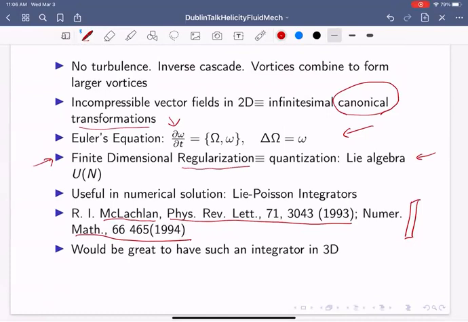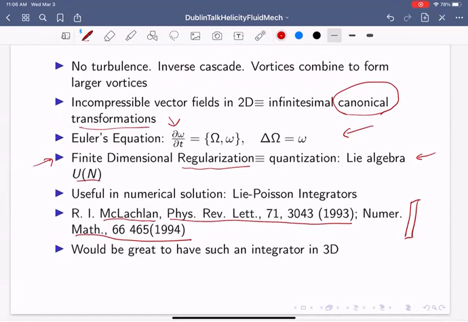That is, is there a family of finite dimensional Lie algebras which in the limit becomes the Lie algebra of canonical transformations? And we know that. That is what we call quantization in physics. Because the Lie algebra of the group U(N) in the limit as N goes to infinity is the Lie algebra of infinitesimal canonical transformations.